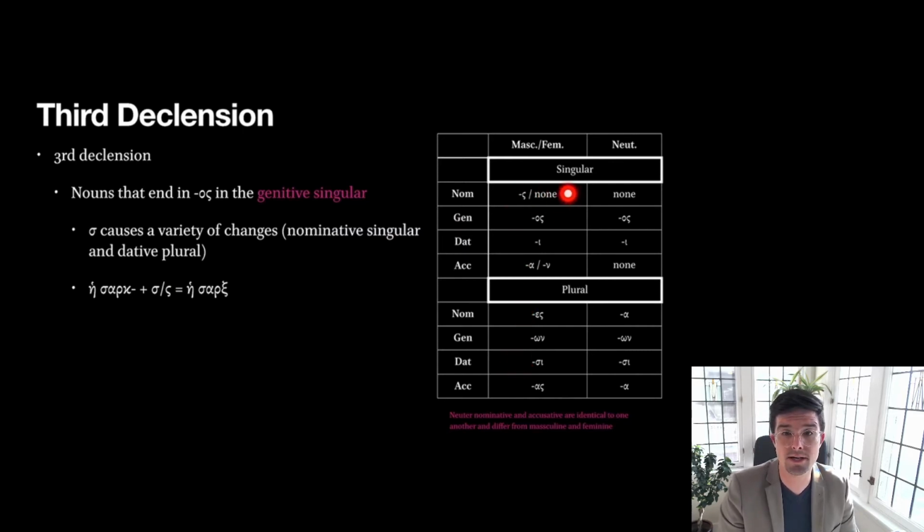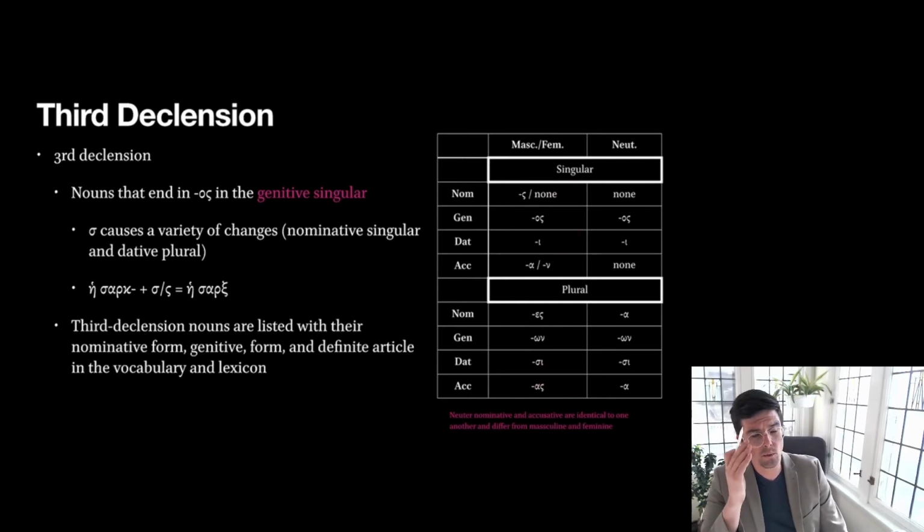But you're also going to see changes when no ending is added, that the root is going to compensate for the fact that nothing has been added in a variety of different ways, so that the nominative singular of a third declension form is going to look the most odd. It's going to be the odd person out as to the forms or as to the endings.